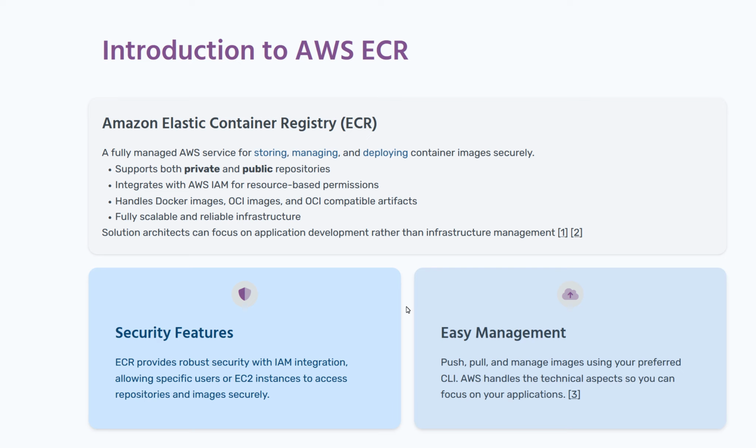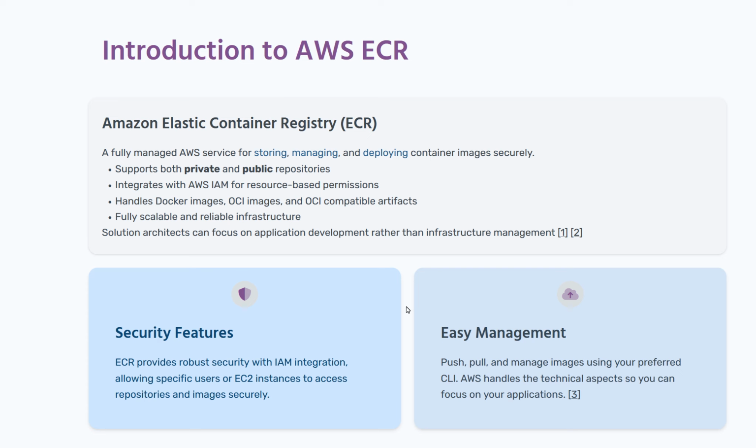Security features. ECR provides robust security with IAM integration, so you get resource-based permissions, allowing specific users or EC2 instances to access repositories and images securely. Easy management: push, pull, and manage images using the CLI.